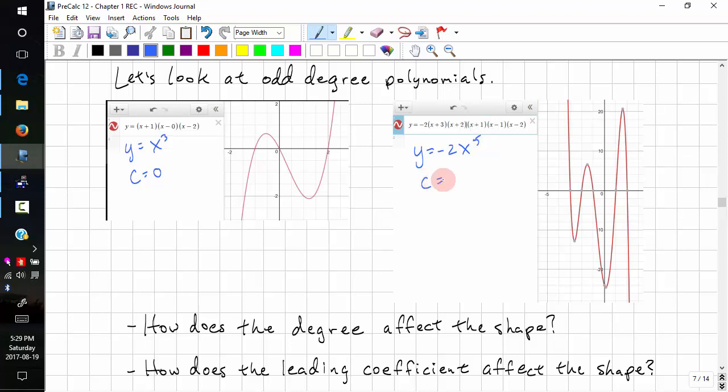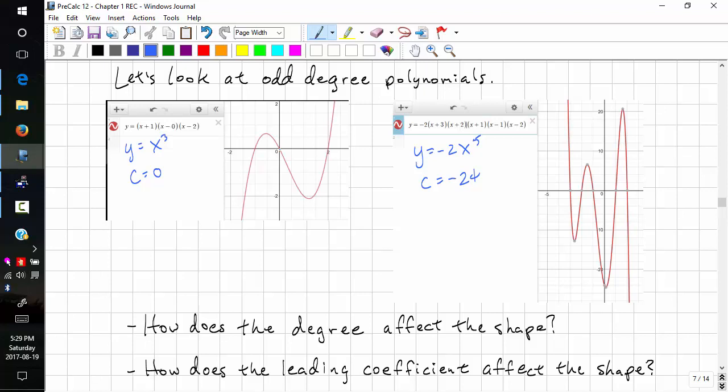And our constant term is 3 times 2 times 1, that's 6, times negative 1 is negative 6, times negative 2 is 12, times another negative 2 is negative 24. Okay, and we can see that that's our y-intercept here, negative 24, and our y-intercept here is 0.